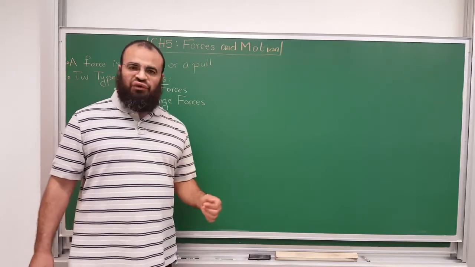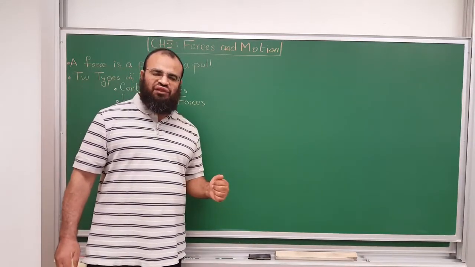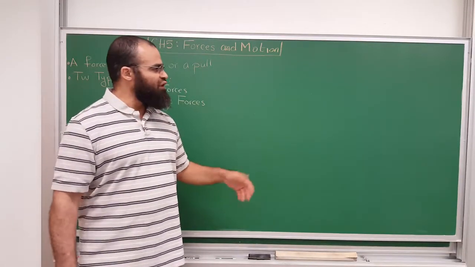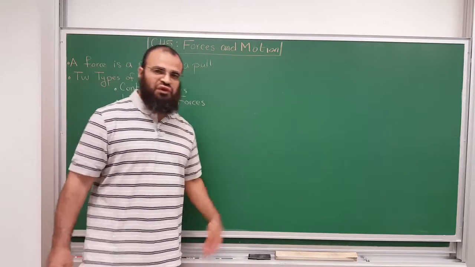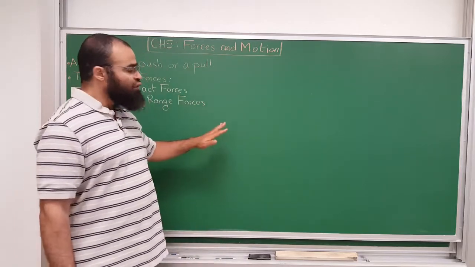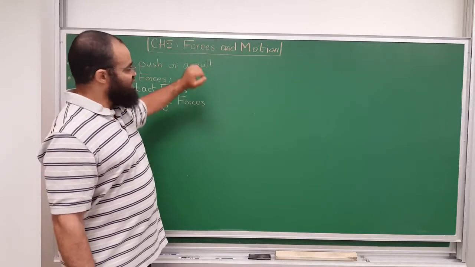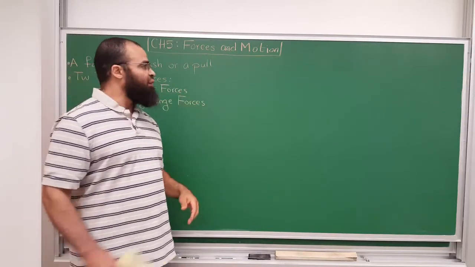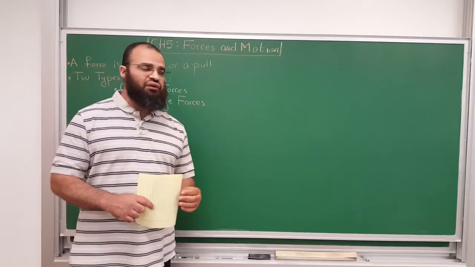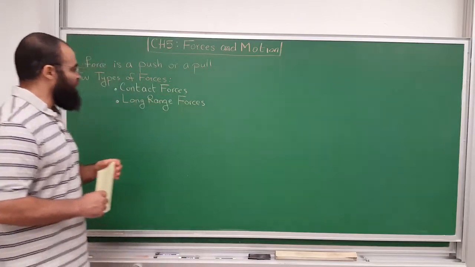Chapter 8 will be, I believe, motion in 2 dimensions. So it's still Newton's laws, but in 2 dimensions. You get circular motion and so on. This chapter is mainly descriptive. In chapter 6, we will use numbers, in fact, too. So this is mainly qualitative here.